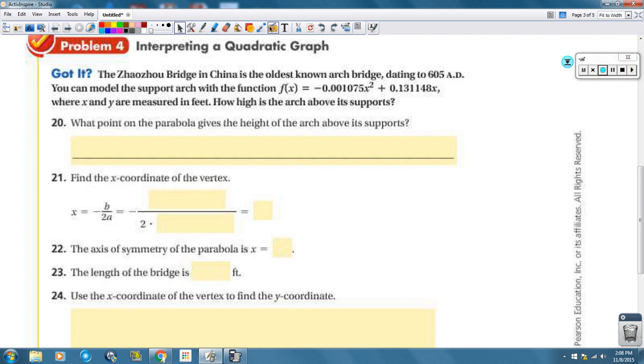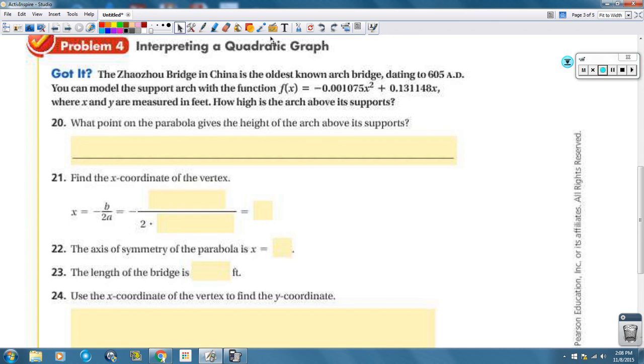The whole thing with this is they're assuming that you're going to do it by hand. And, you know, I'm not doing that. I'm just writing this down so that I can plug it into the calculator, axis of symmetry, the length of the bridge, all that good stuff.